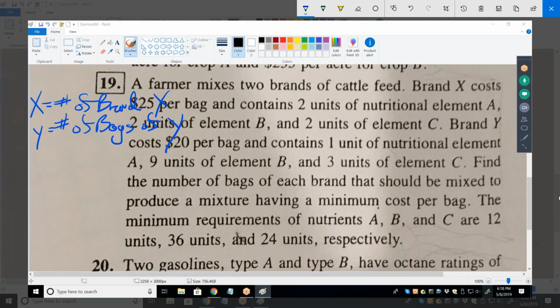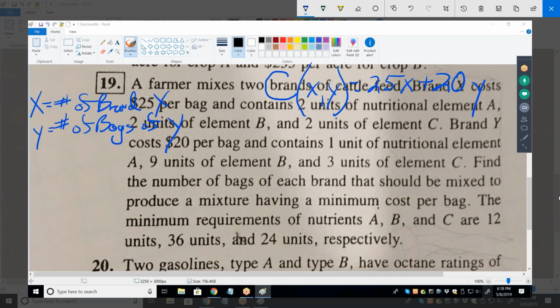In terms of profit, we're not looking to maximize profit. We're looking to minimize cost per bag. So let's talk about a cost function. The cost is equal to 25x plus 20y. There's my objective function.